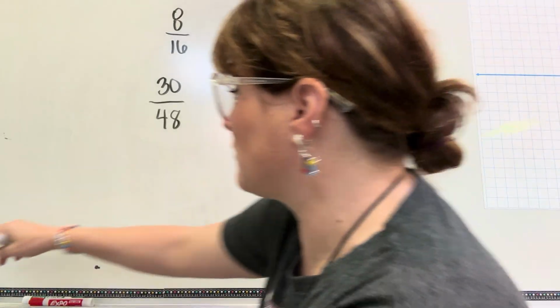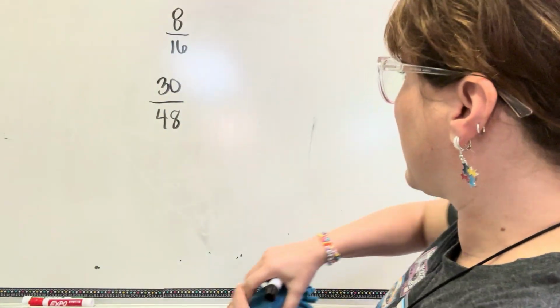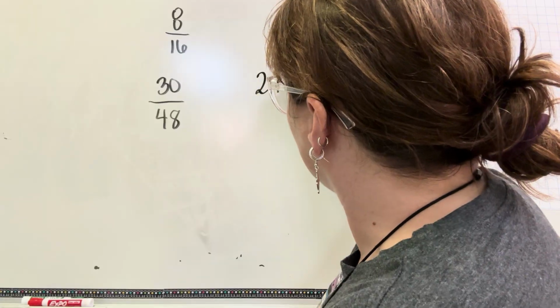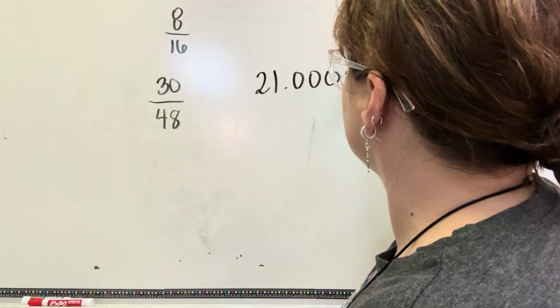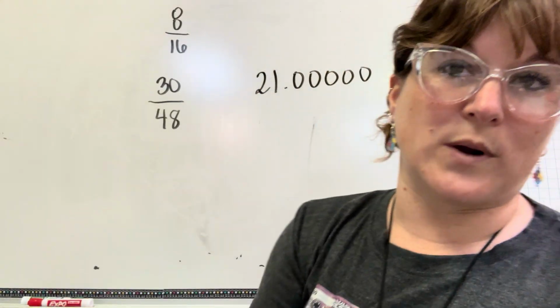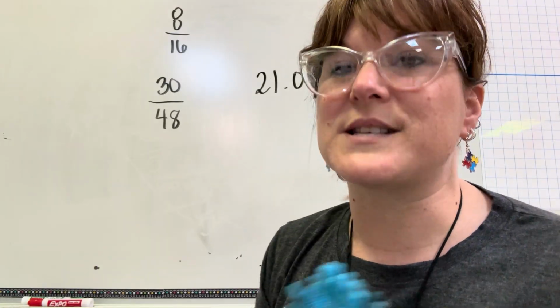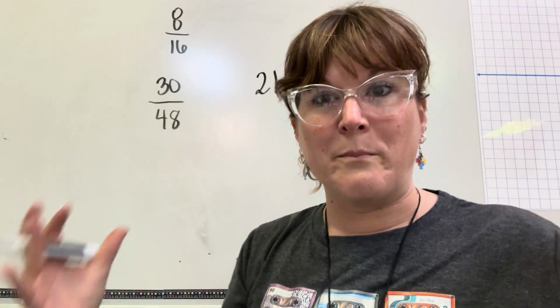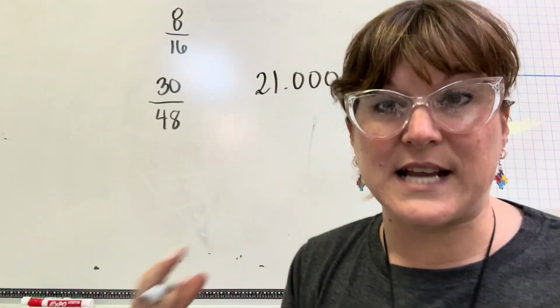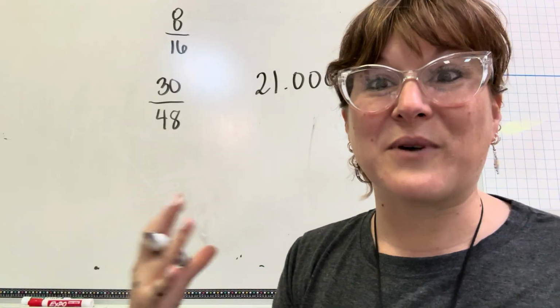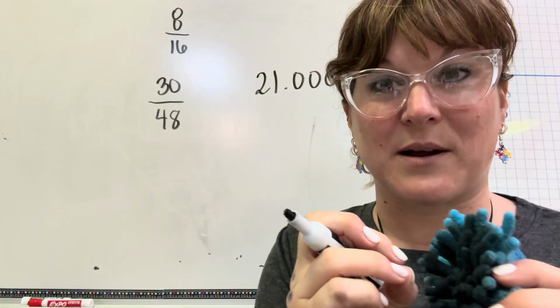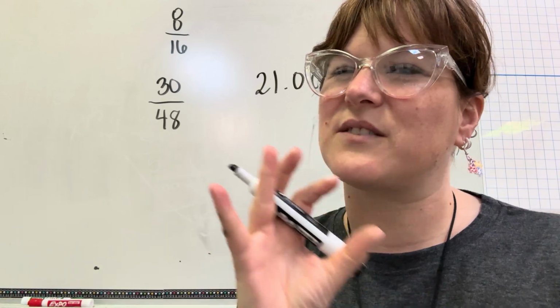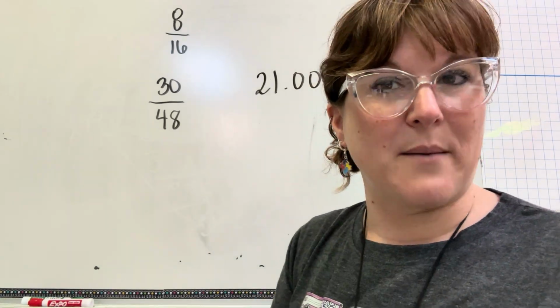I could also write that I am 21.00000. That is also 21. It just looks different. So in math, we need to understand that we can play around with these numbers and it does not change the value of that number, if that makes sense.